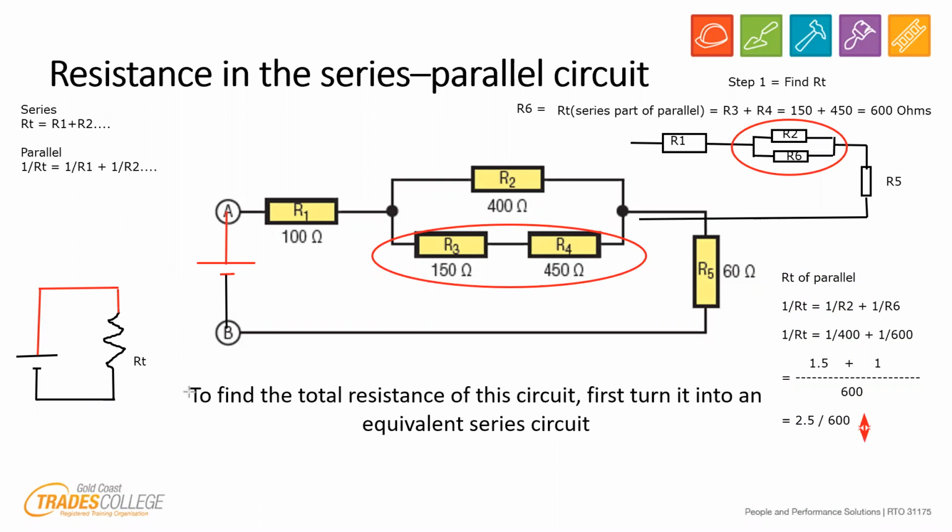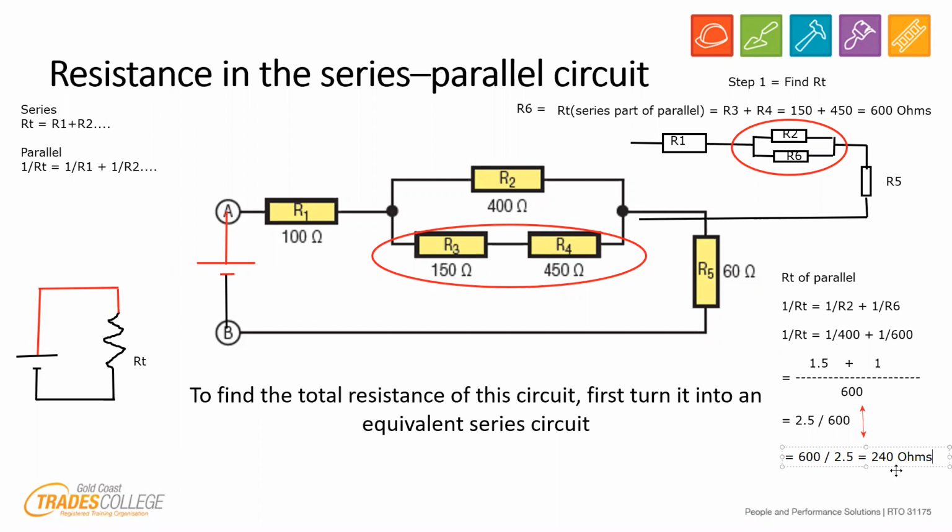From that point there, we need to flip it upside down. Okay, so at the moment we've got 2.5 over 600. We don't want it to say that. We want it to say equals 600 divided by 2.5. And that is going to equal 240 ohms as your answer there.